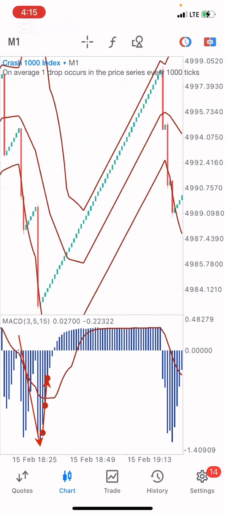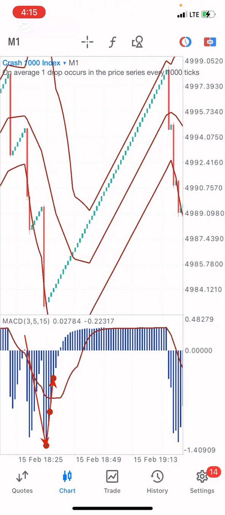You want it to cross the signal line, that is the red line here, and you want it to close bullish at this time. And then the next movement should be upwards, just like what happens here. You see the next one is pointing upwards and it's going upwards from there.